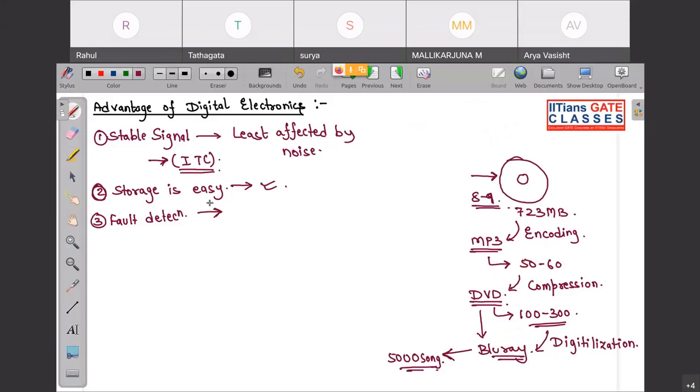There are various techniques like Hamming code detection, or error detector codes. Fault detection is very simple in digital signals compared to analog signals, because in analog you need to process a huge amount of data, whereas in digital you don't need to process that much data.